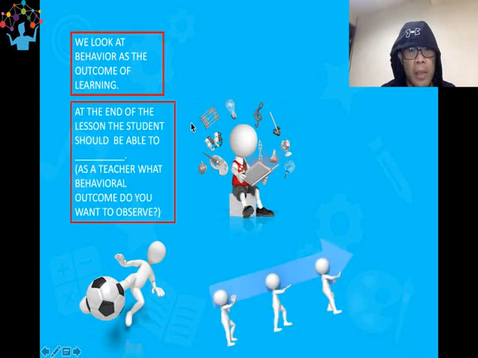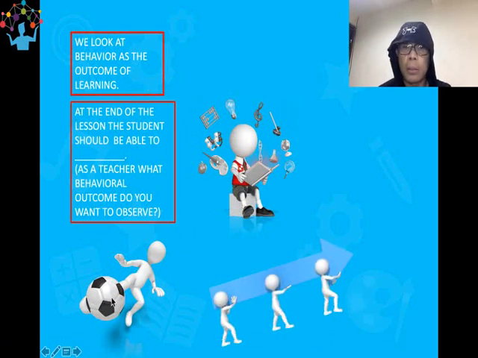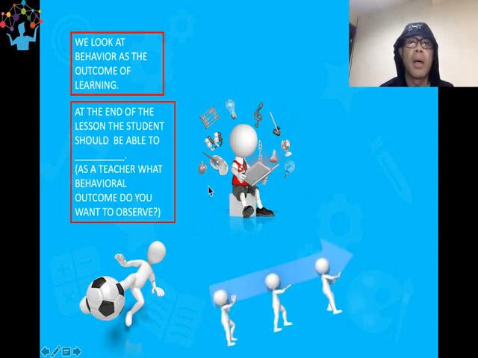So let's have an example on how to write a learning outcome behaviorally. At the end of the lesson, the student should be able to, for example, kick the ball or read a book. Be able to cook.